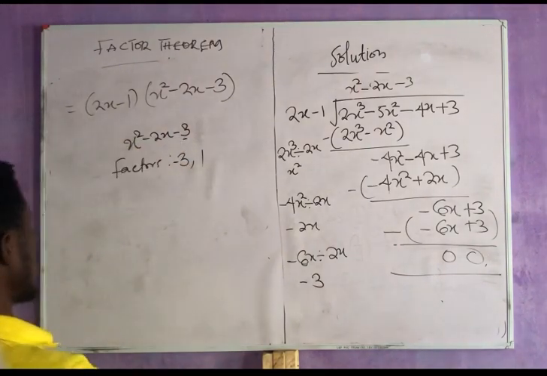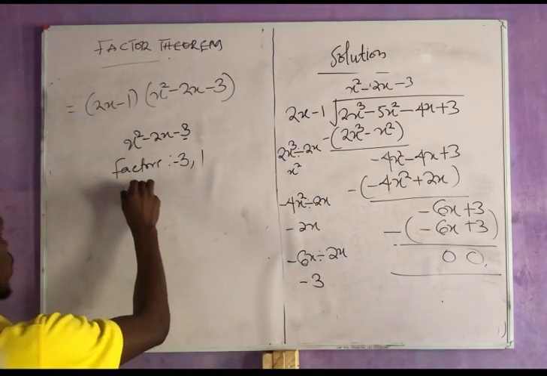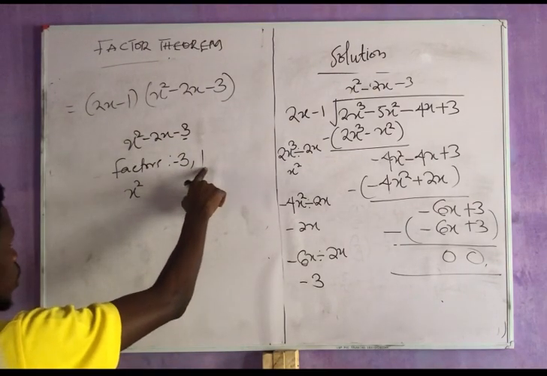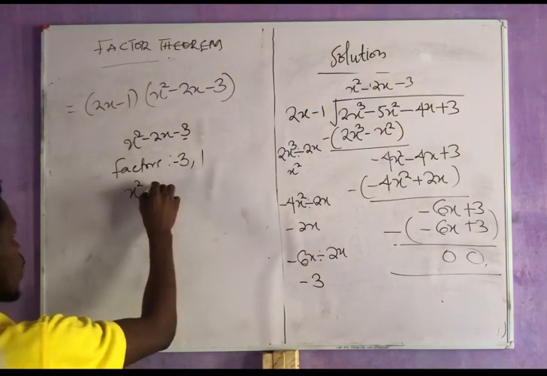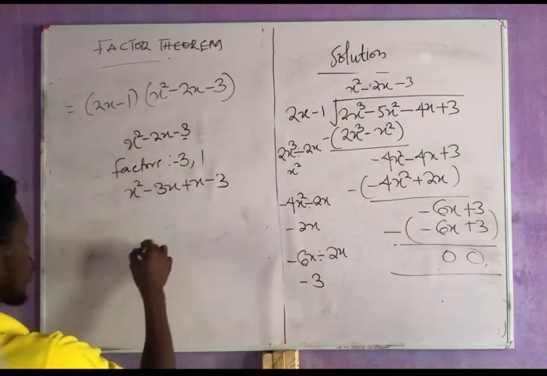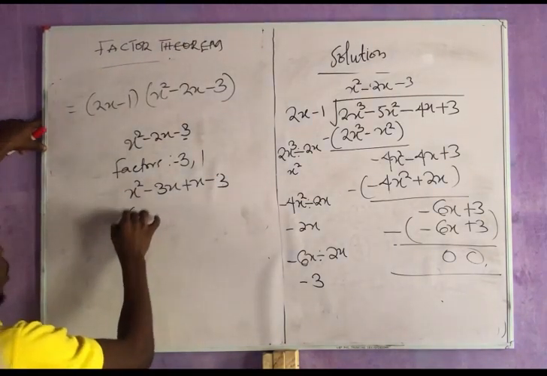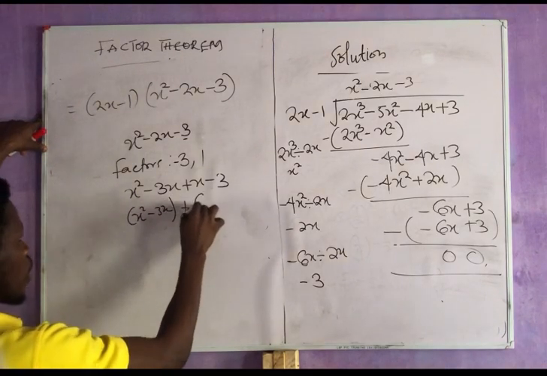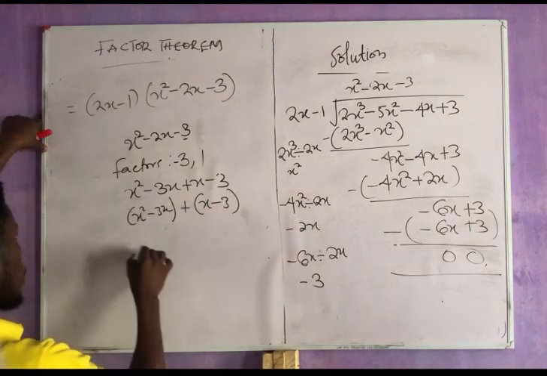Is that okay? So I have x squared. I'm going to replace negative 2x by negative 3x and what? Positive x. So I have x squared minus 3x plus x minus 3. Then I'll group them, which will give me x squared minus 3x, then x minus what? 3.